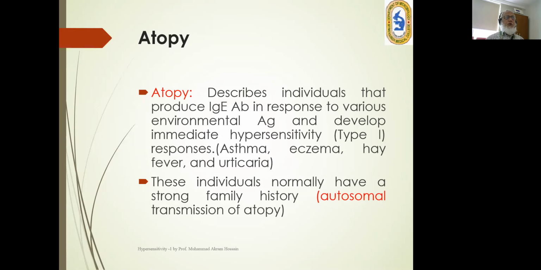So atopic individuals are a group of individuals who produce more immunoglobulin E in response to certain antigens, and they suffer from asthma, eczema. Actually, 10 to 15% of our population are atopic to certain environmental allergens.